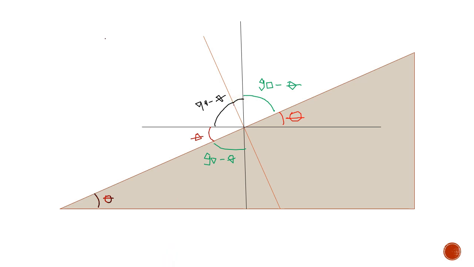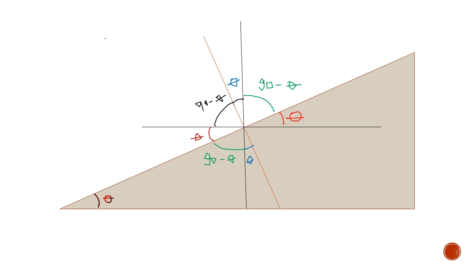This one is actually theta. Let's get another color. This one is theta. And if that is theta here, what can we say about this one? They are alternate interior angles. That is why this is also theta here.